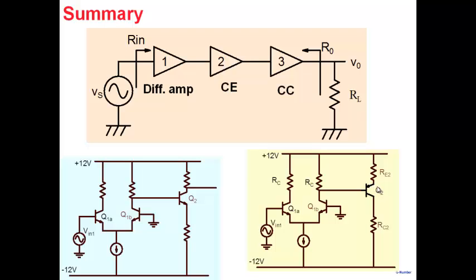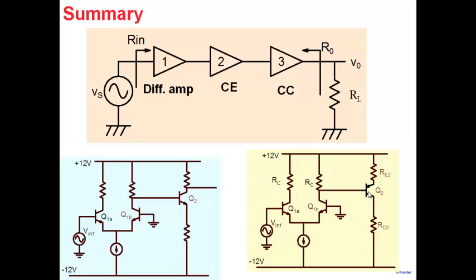The other message is that when you're building multi-stage amplifiers, optimizing one stage is not enough. We saw that if you build a differential pair with the maximum possible gain, then the next stage doesn't have any gain. So you have to look at both together.